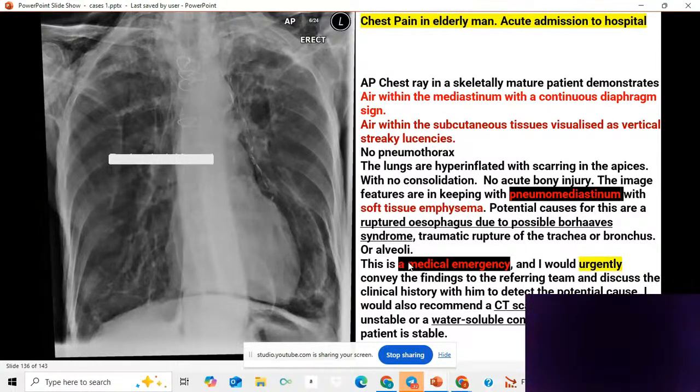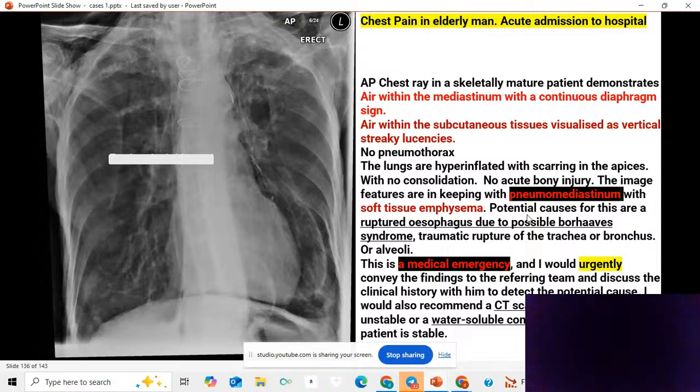Pneumomediastinum is a medical emergency, the same as tension pneumothorax. I would urgently convey the findings to the referring team and discuss the clinical history with the referring physician to detect the potential cause.